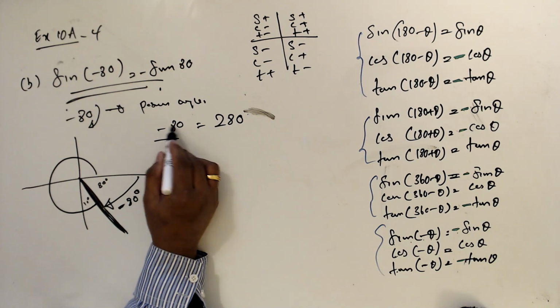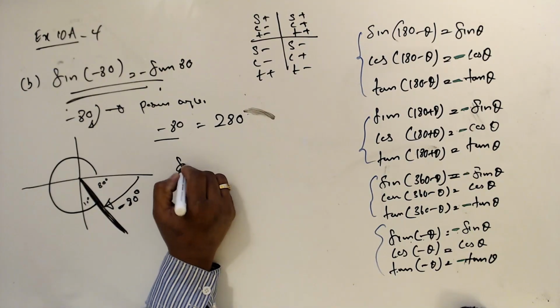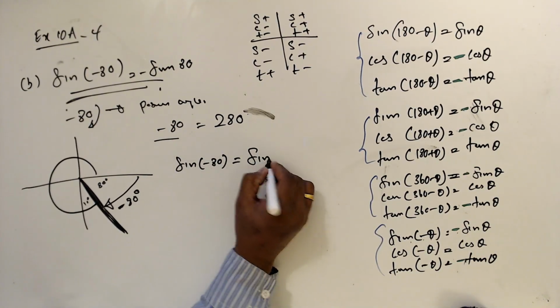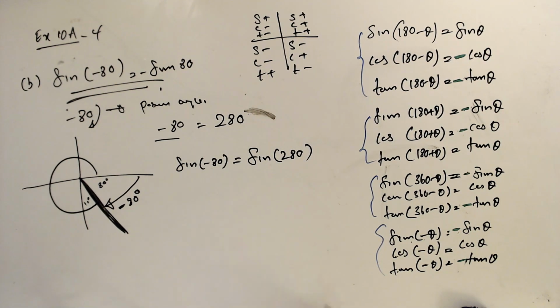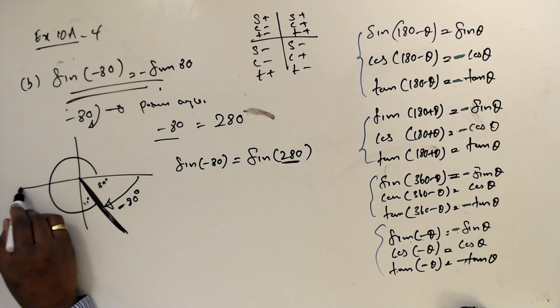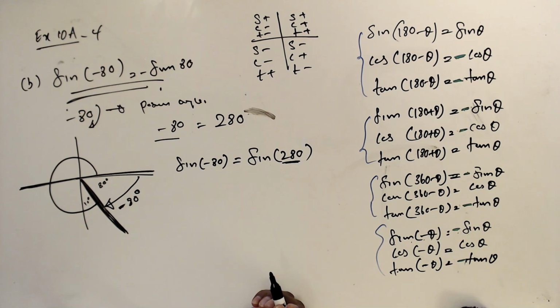I get rid of this minus angle. That's what I did simply. So now instead of sine minus 80, I can write sine 280. Now I am seeking a possibility to write this 280 along this axis, either 180 or 360, because then we can drop 180 or 360.